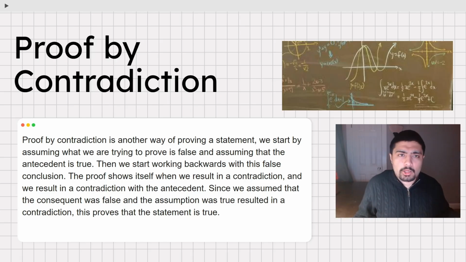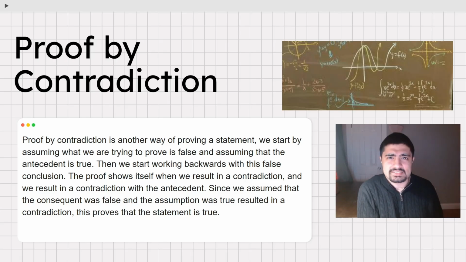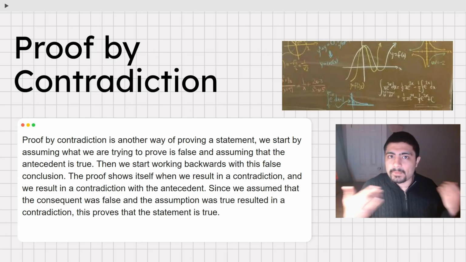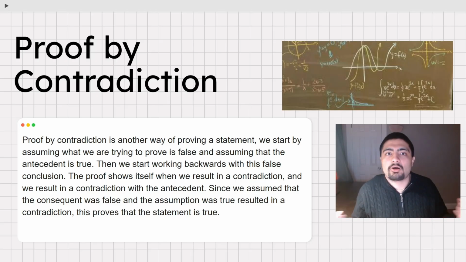You might say, hey, why are we doing this? Why are we trying to show that this is false if we are trying to prove the statement itself? Well, here's the thing. If the statement is actually true, we will not be able to do that. When we do that, we're going to come up with a contradiction, something that doesn't make sense, something that's impossible or mathematically incorrect.